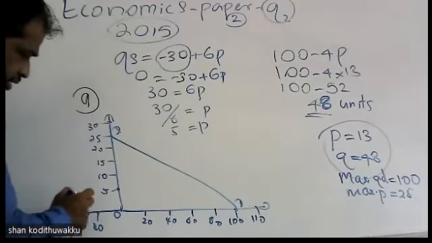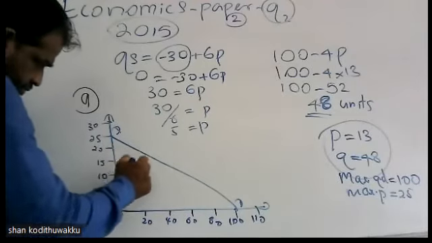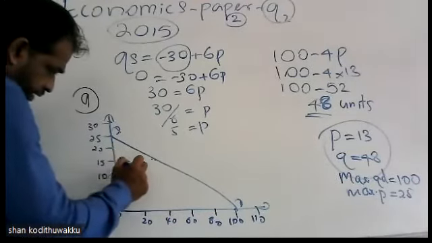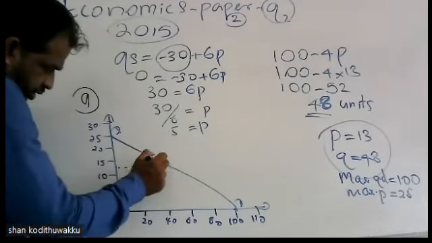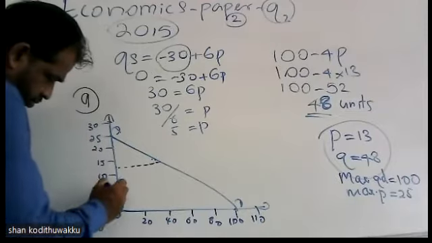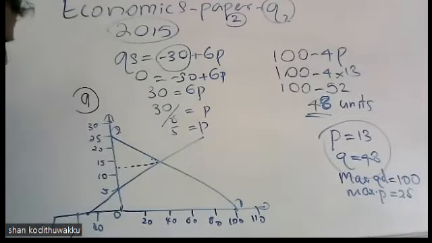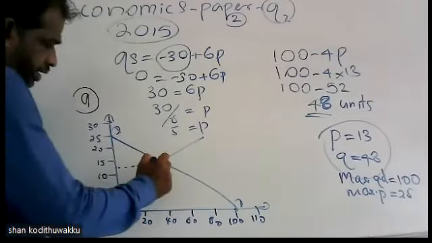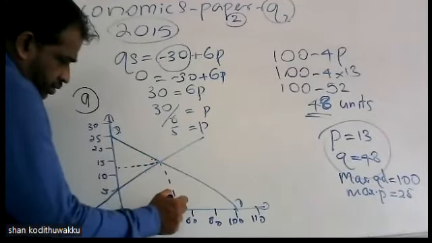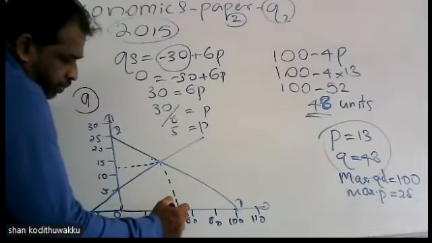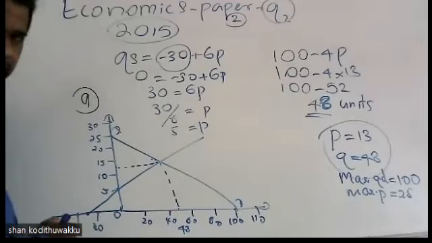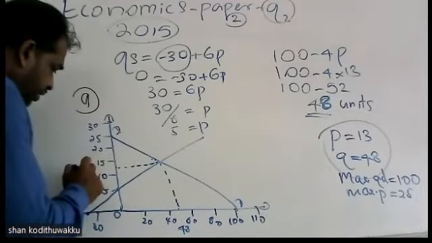Then our market equilibrium point is like that. Therefore, you can combine. This is our equilibrium quantity 48, here 48. Equilibrium quantity 48, equilibrium price 13.